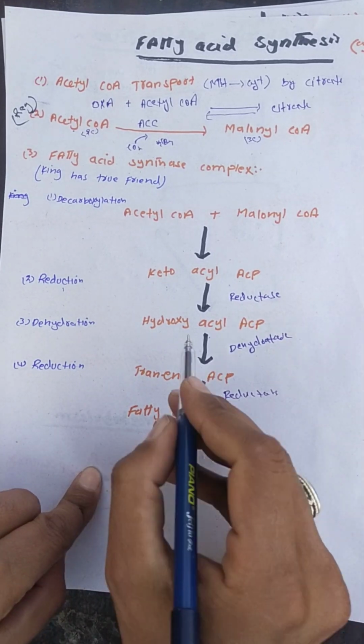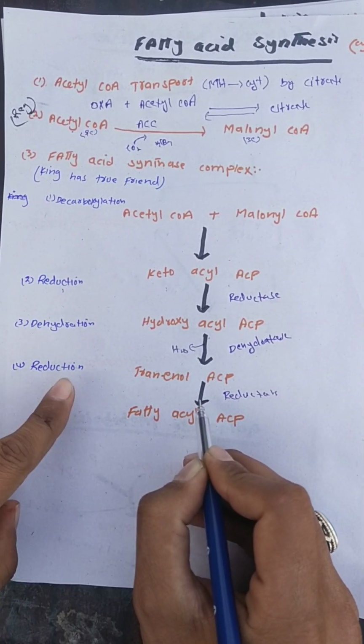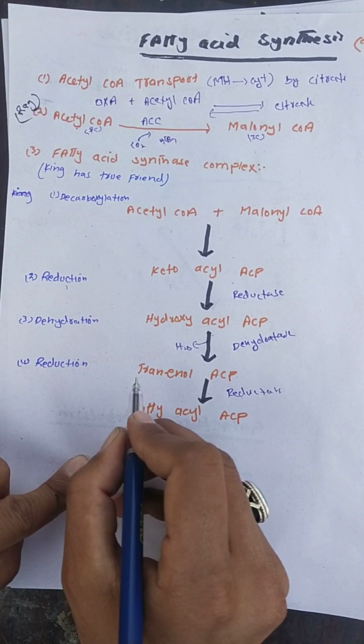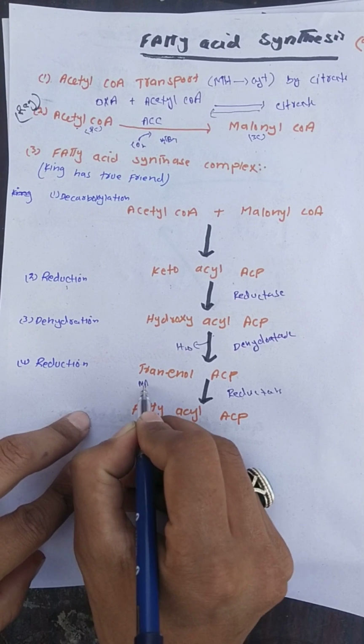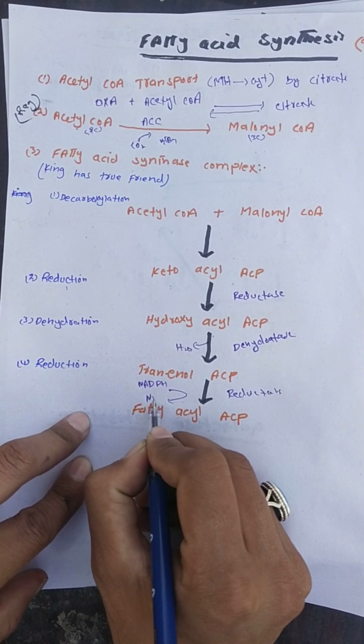When we have dehydration, it means water is released from this reaction. Reduction means we add hydrogen atoms. For the addition of hydrogen atoms, we use NADPH, which is converted into NADP.